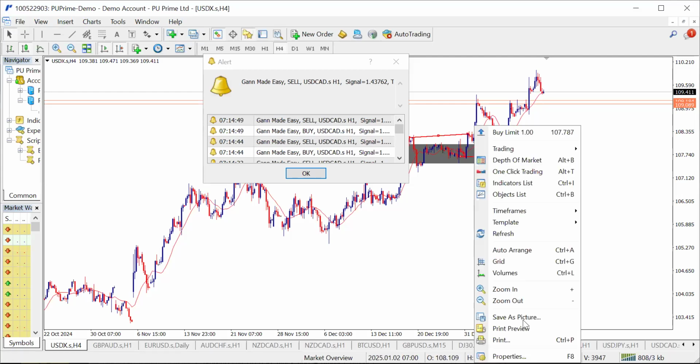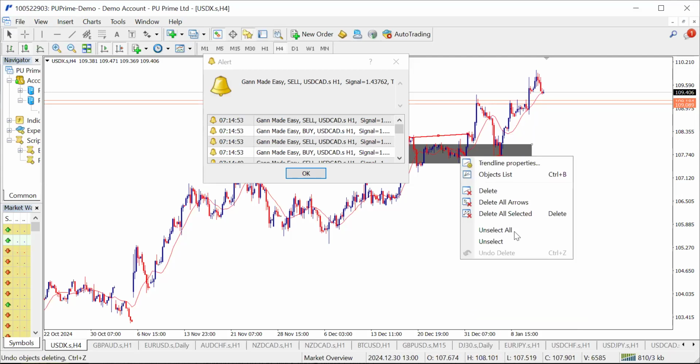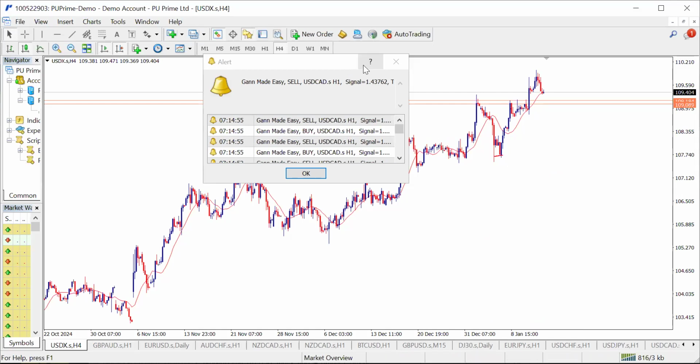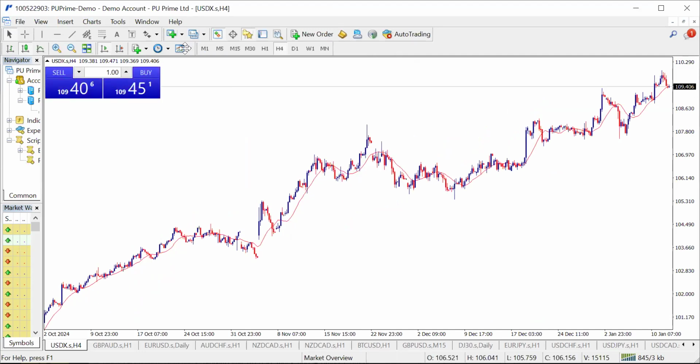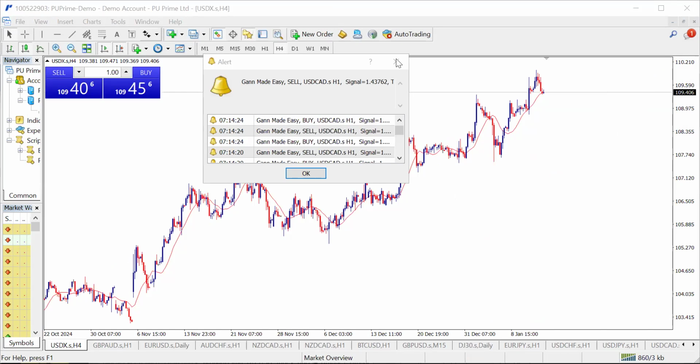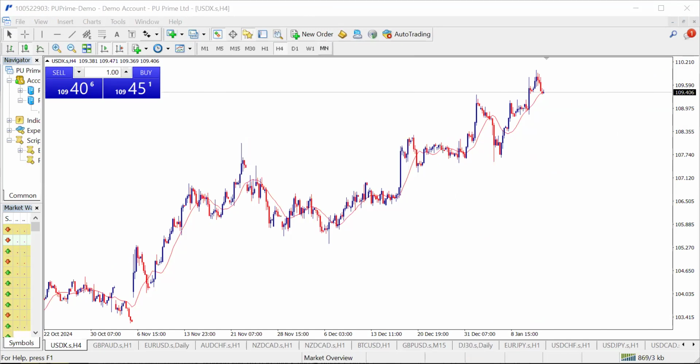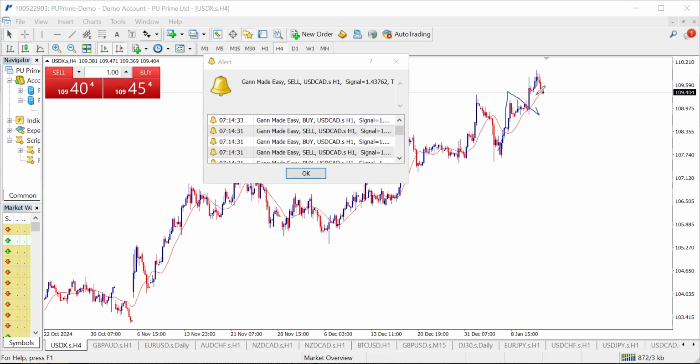So UXDX has been on a very strong uptrend, of which what we are currently experiencing is more like a retracement, because this is a higher high, a higher low, a higher high.